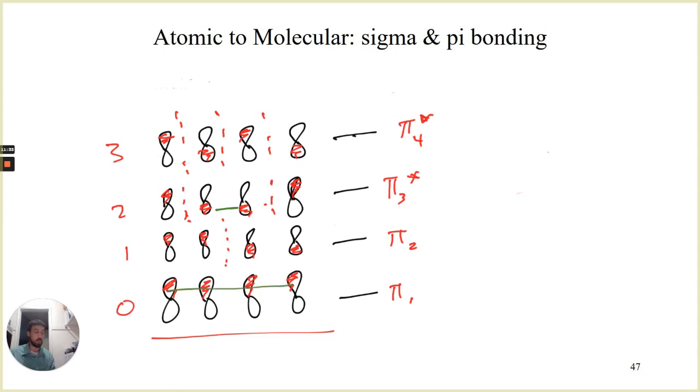The bottom one, they're all bonding. The pi energy, or P2, 2 bonding, 1 anti-bonding. Right? Anti-bonding, 2 anti-bonding, 1 bonding, all anti-bonding. So by referencing those nodes, that can help us label whether they're bonding or anti-bonding.